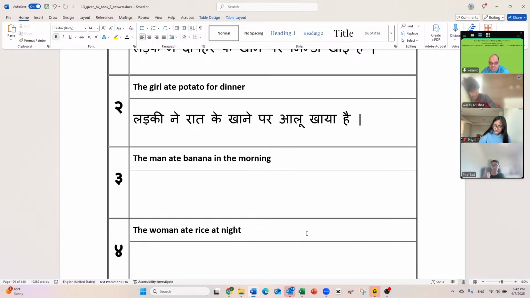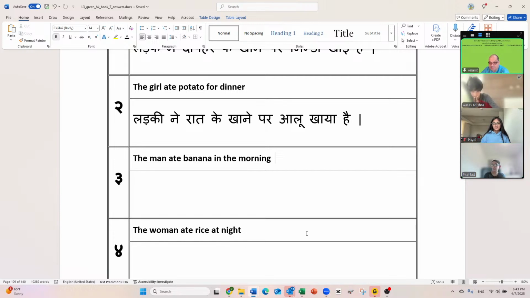Okay, Prahlad, give me the next sentence. The man ate banana in the morning. आदमी ने सुबह को, what's the word for banana? केला.